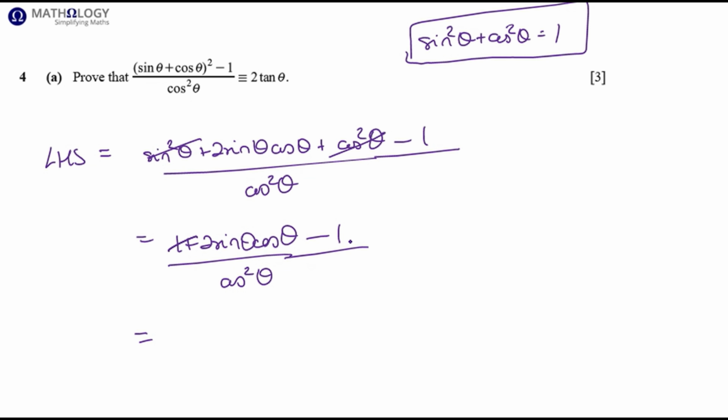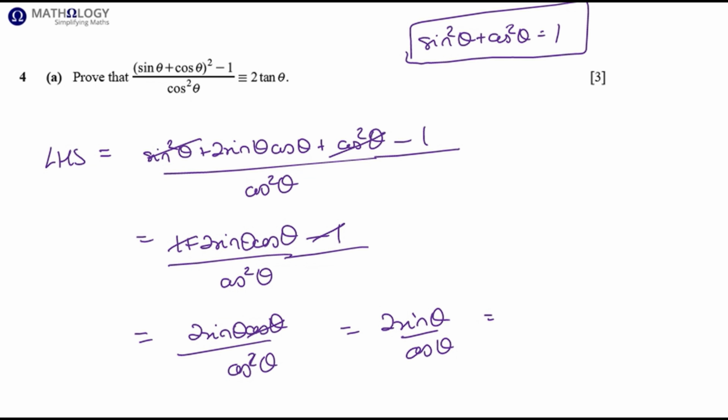So now we have 1 minus 1 is 0. We have 2 sine theta cos theta over cos squared theta. Cos will cancel with cos, so we have 2 sine theta divided by cos theta. Sine theta over cos theta is your quotient identity. So that equals 2 tan theta, and that equals the right-hand side.